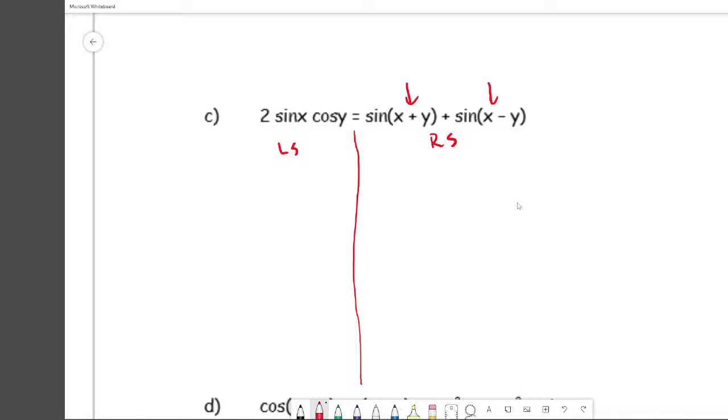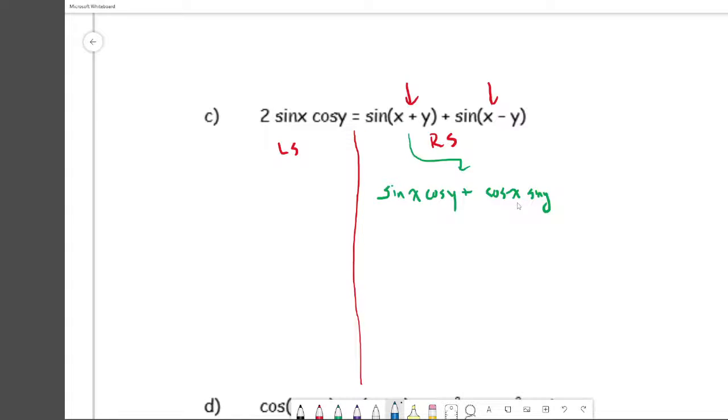I know that sine of x plus y, when you're working with sine, you keep the operation the same, but you mix the functions. So the first one would be sine x cos y plus cos x sine y. That's the first part expanded.